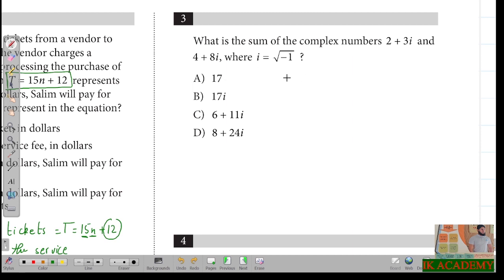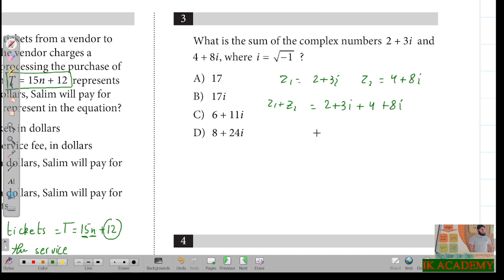So let's see what's going to happen. If I give names to these numbers, z1 = 2 + 3i and z2 = 4 + 8i, we can add z1 + z2 = 2 + 3i + 4 + 8i.